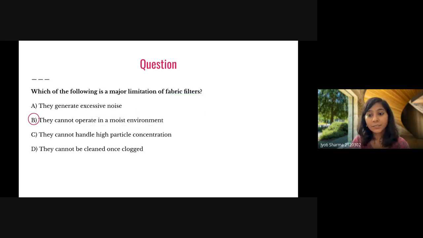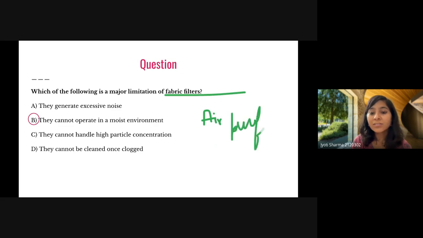So, we do have fabric filters, right? So that we can deposit particulate matter. And we also have air purifiers. You have heard that in Delhi, most of the people right now in houses are using air purifiers. There are some differences and some similarities between fabric filter and air purifier.